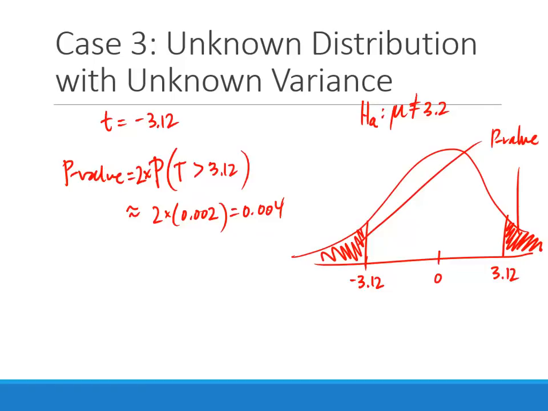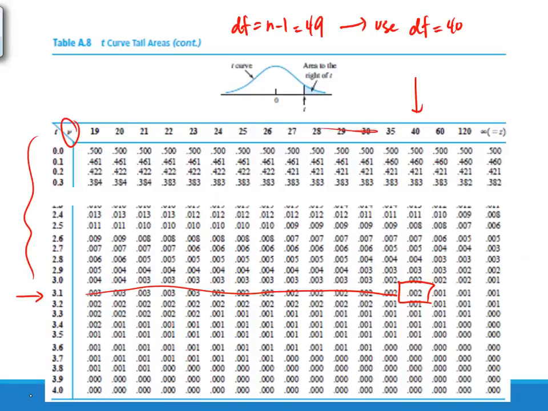If our t-value had been like 3.16 or 3.18 or something, do we still use the 3.1 column? Good question. If your test statistic had been something like 3.18, close to 3.2 but not quite there, there is a little bit of approximating going on here since we're using a table. We don't have the exact degrees of freedom, and we can't look at the exact value of our test statistic.